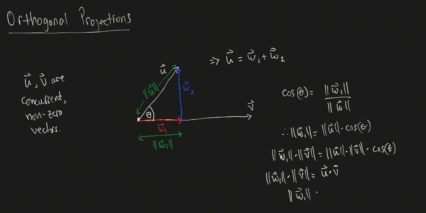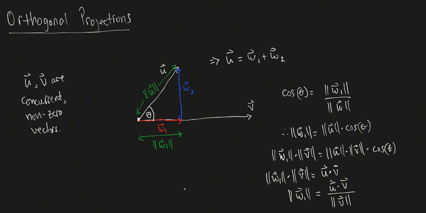So the length of the vector in red is given by the dot product of u and v divided by the magnitude of v, right? So this is the length of the red vector.